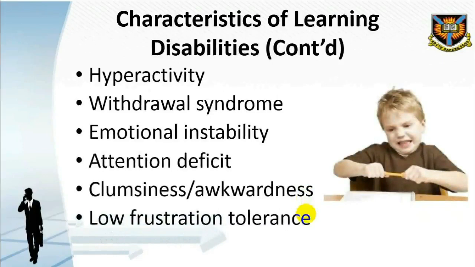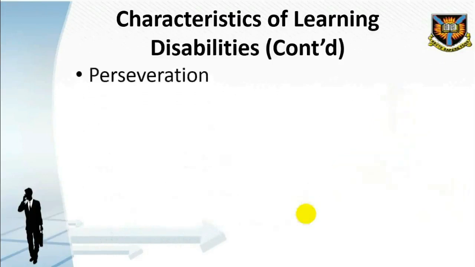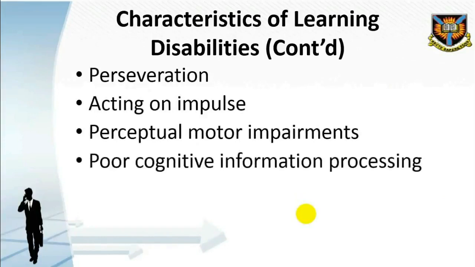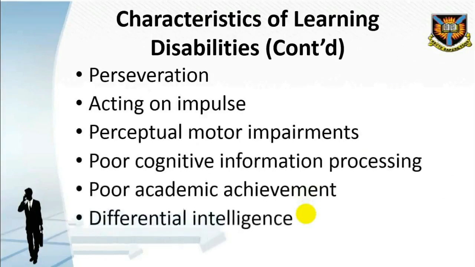Low frustration tolerance. 7. Perseveration. 8. Acting on impulse. 9. Perceptual motor impairments. 10. Poor cognitive information processing. 11. Poor academic achievement. And 12. Differential intelligence.